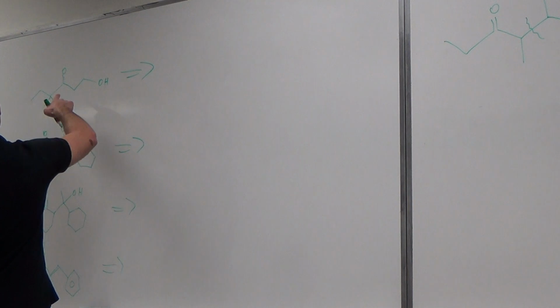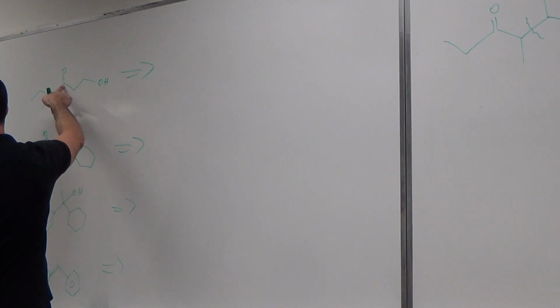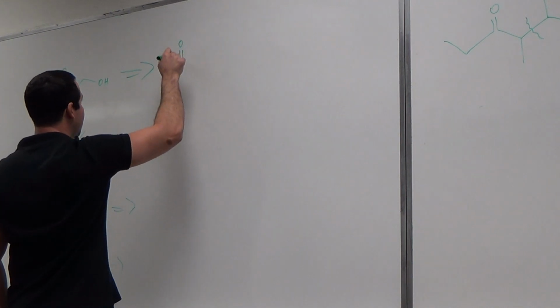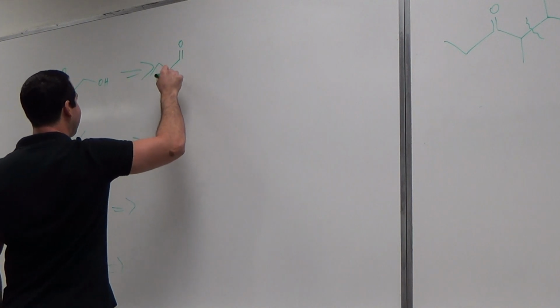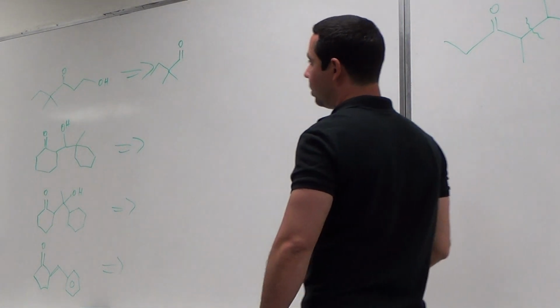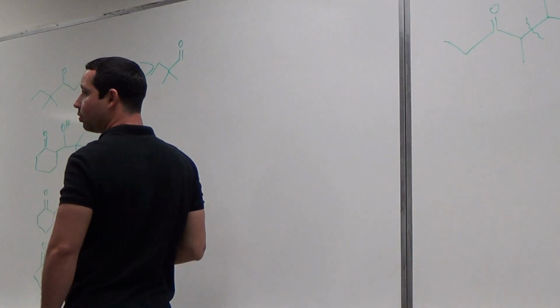So, here's a carbonyl, yes? That will remain the same, yes or no? So, carbonyl, what does it have on that side? Does that have any alpha protons? No, it does not have any alpha protons.